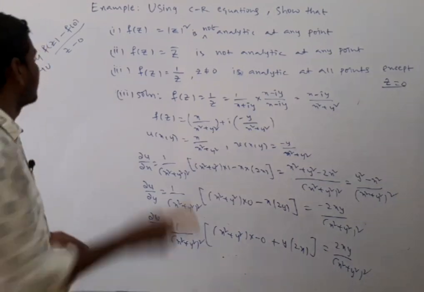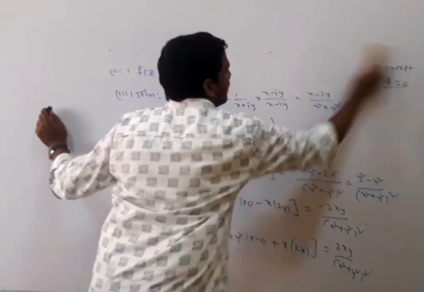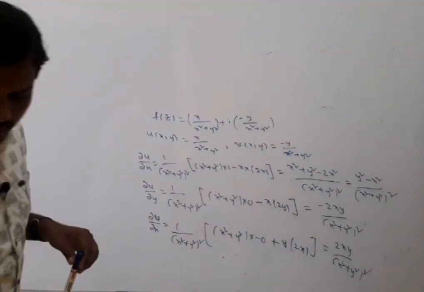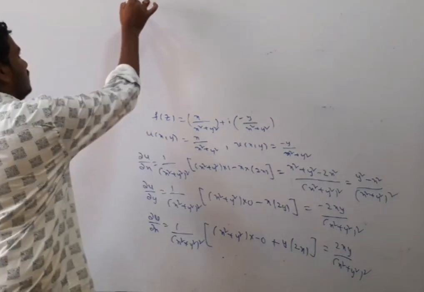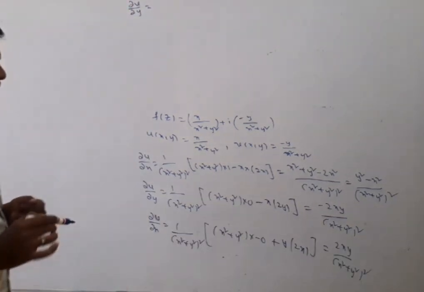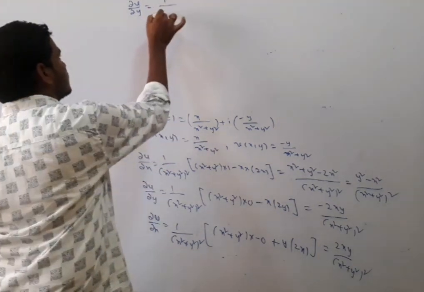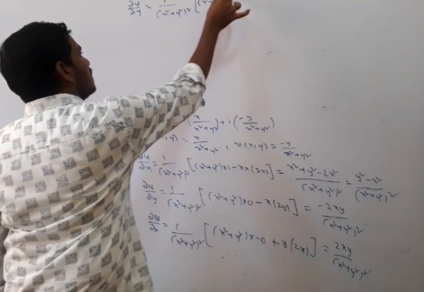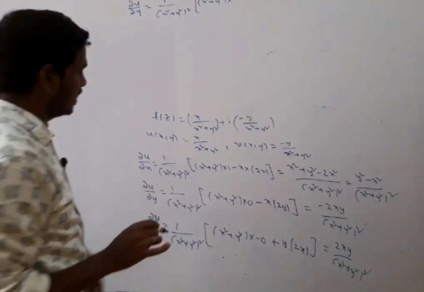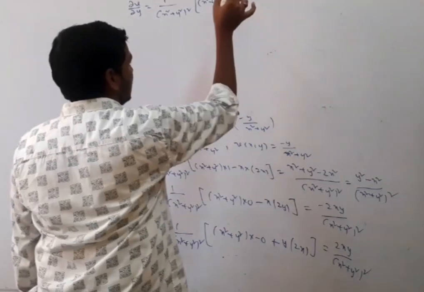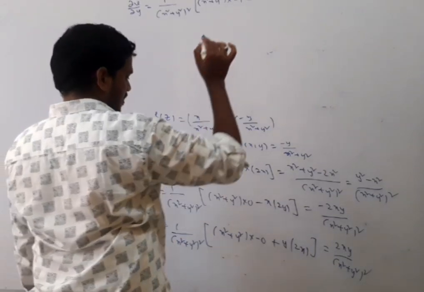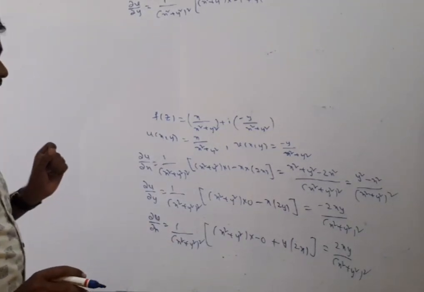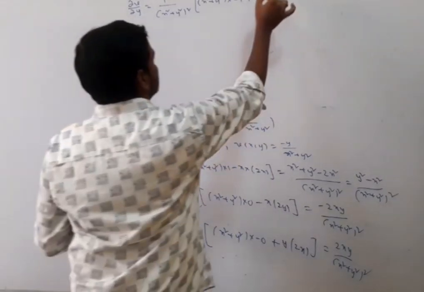Next, ∂v/∂y. ∂v/∂y is equal to 1 by (x² + y²) whole square into (x² + y²) into the derivative of minus y with respect to y, which is minus 1, minus y into minus, plus y into the derivative of (x² + y²) with respect to y, which is 2y.